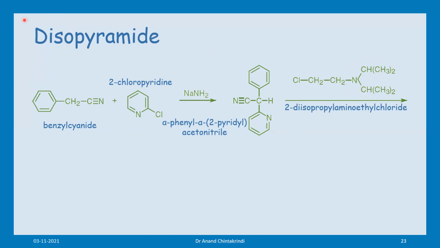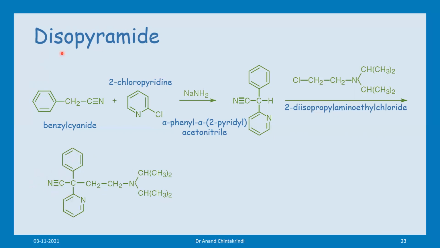So the name diiso is coming from these diisopropyl groups. So this HCl is removed. So you get the formation of this intermediate, which is having a cyanide group.